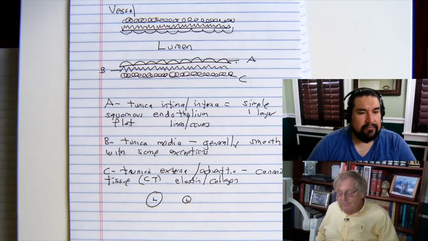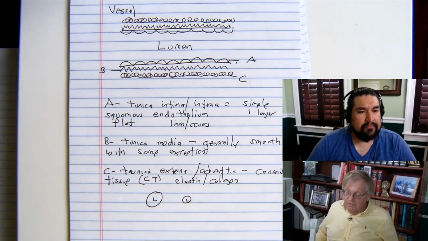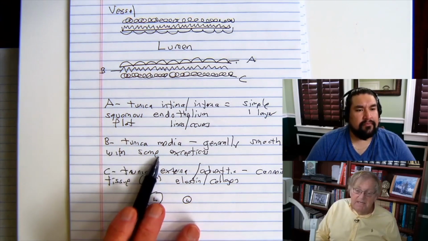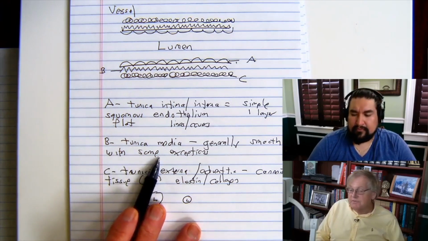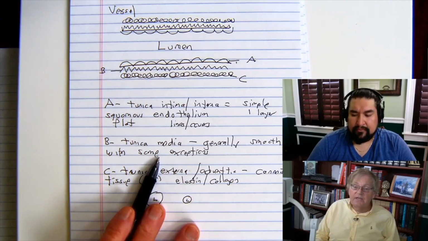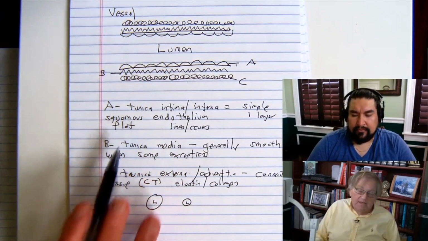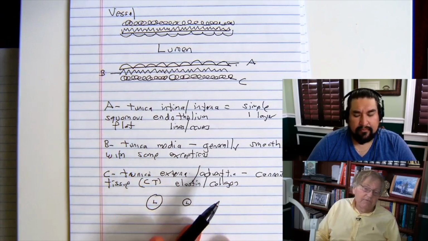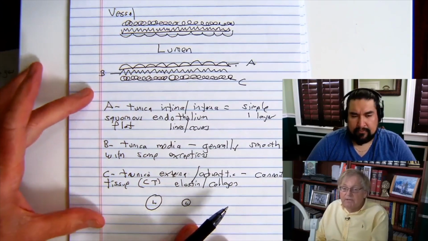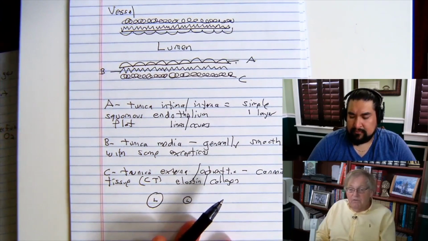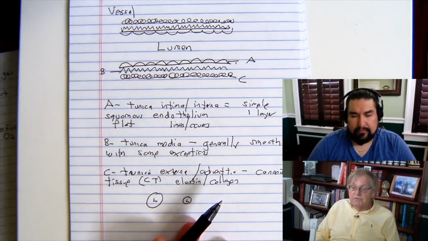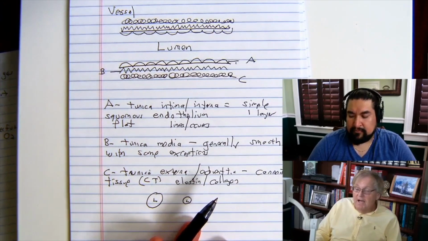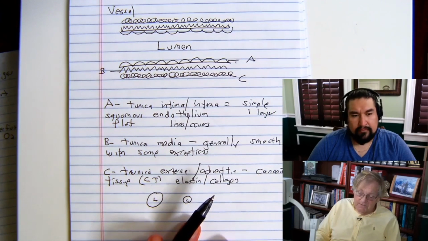So just remember, not all vessels will have this tunica media because your capillaries couldn't have it because they're for gas exchange. My really big vessels like the aorta, femoral arteries and that, they're going to have all three of these layers. And then of course the tunica externa is always dependent upon how much elasticity I'm going to have in that blood vessel.